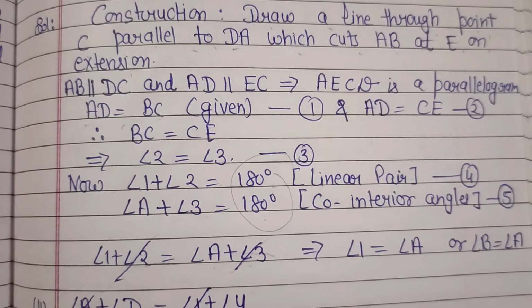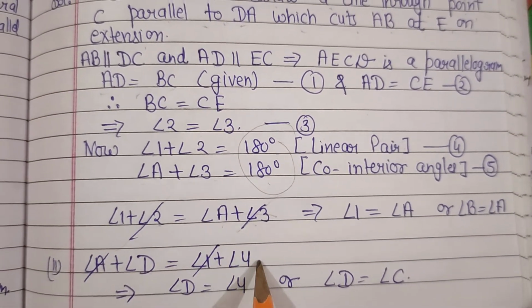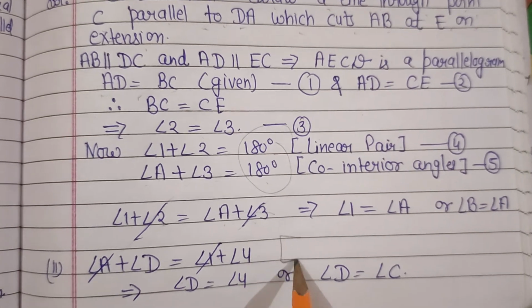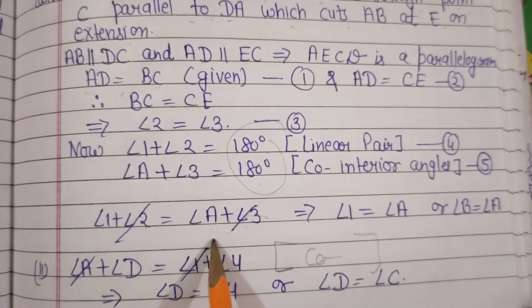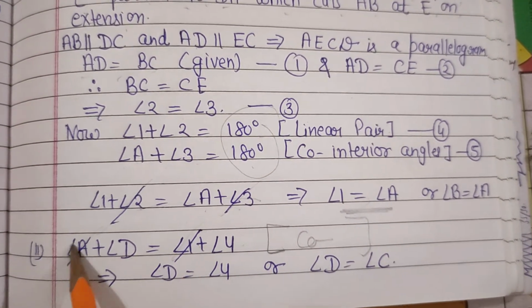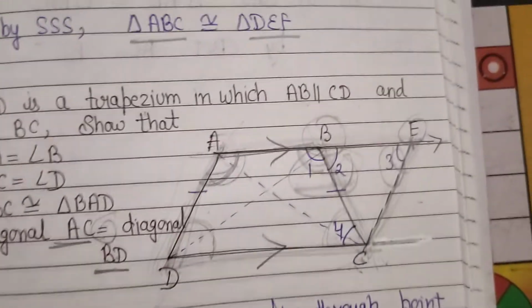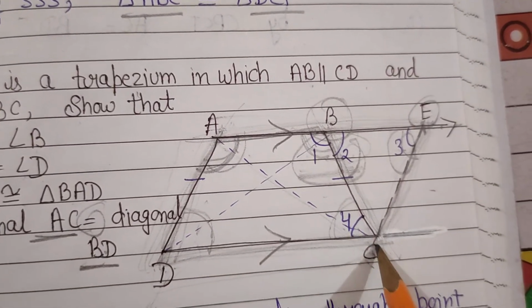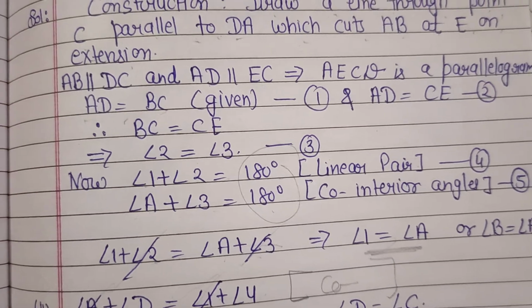So we can say angle A plus angle D is equal to angle 1 plus angle 4. And angle A and angle 1, it was already proved these were equal. So we can cancel out this. So angle D is equal to angle 4. Now from the figure, angle 4 is angle C of the trapezium. So we can say angle D is equal to angle C.